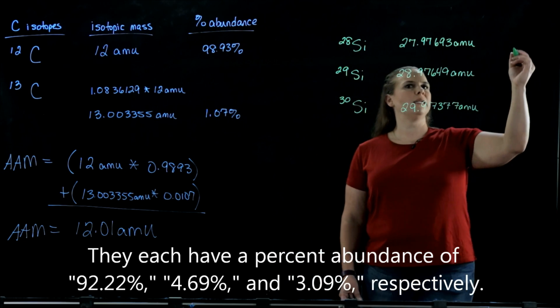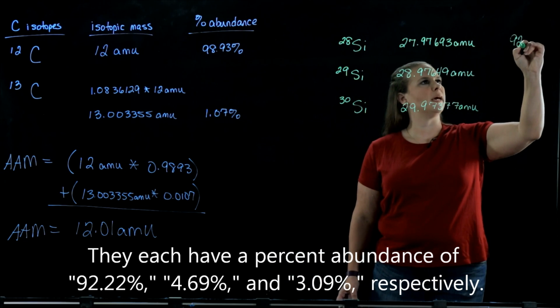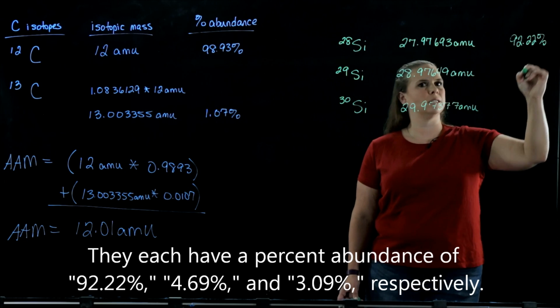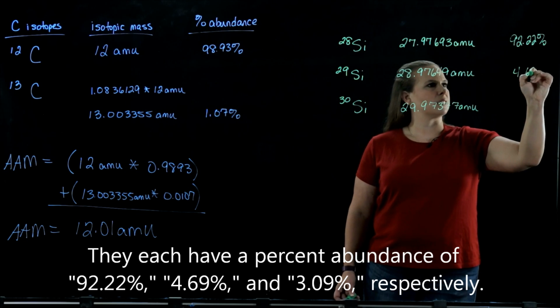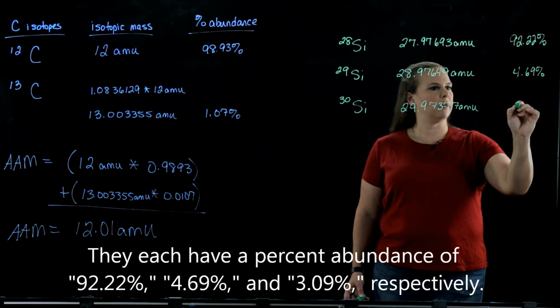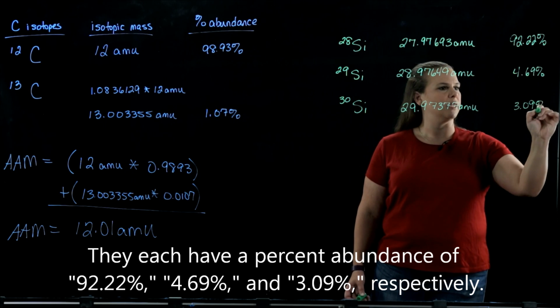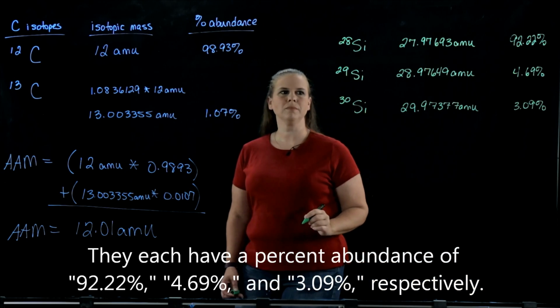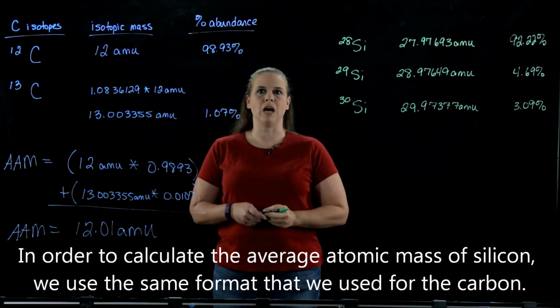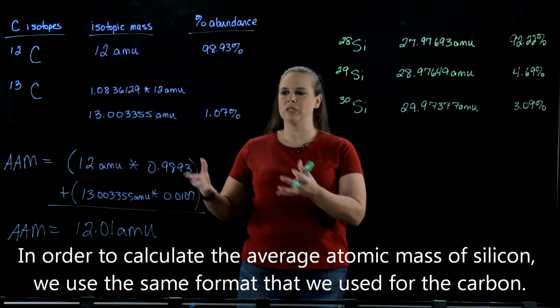They each have a percent abundance of 92.22%, 4.69%, and 3.09%, respectively.